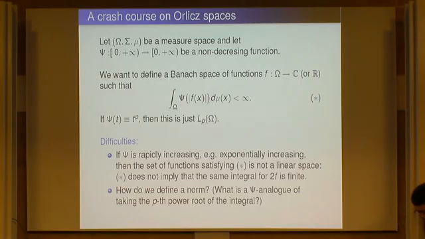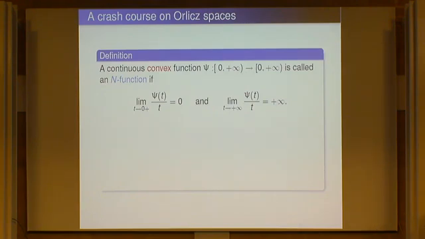So what you do is, first of all, what are those functions for which we consider Orlicz spaces? We are talking about continuous and convex functions, which decay faster than t at 0 and grow faster than t at infinity. So this is what you request.